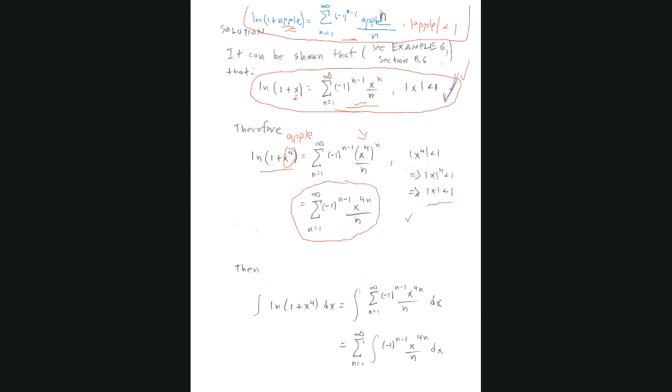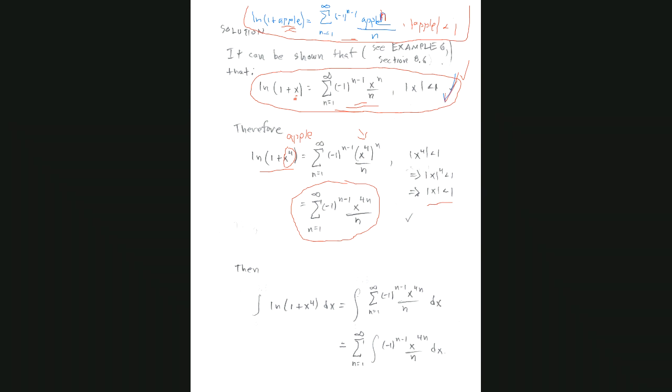Well, to find the power series for the arctangent of 3x, just take the power series for the arctangent of x and replace the x with 3x. And that'll get you the power series for the arctangent of 3x. That's how you handle that situation.